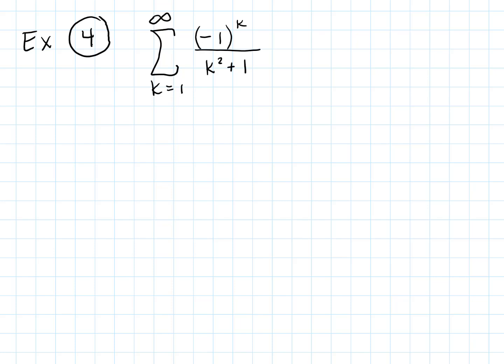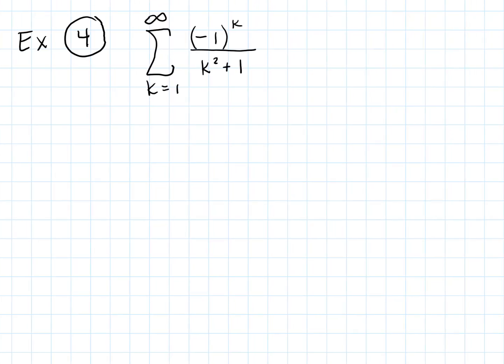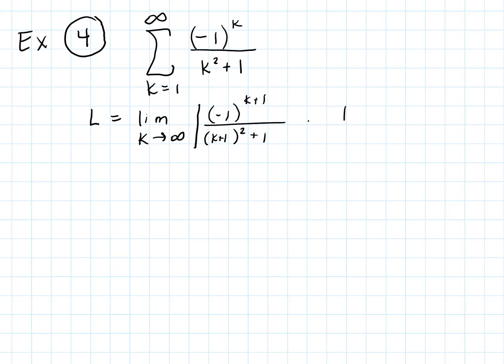Now, if I just jump right into it and I say, let's do ratio test, we'll do it exactly like we did in the last one, just find the limit as k approaches infinity of negative 1 to the k plus 1 over k plus 1 squared plus 1, times k squared plus 1 over negative 1 to the k.